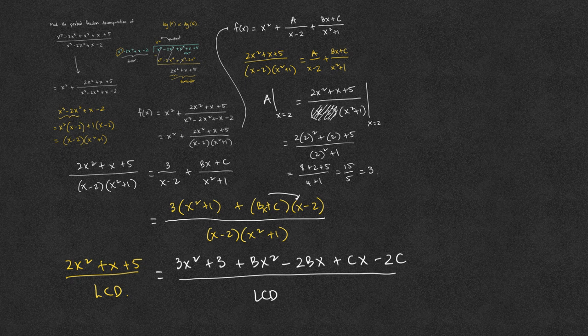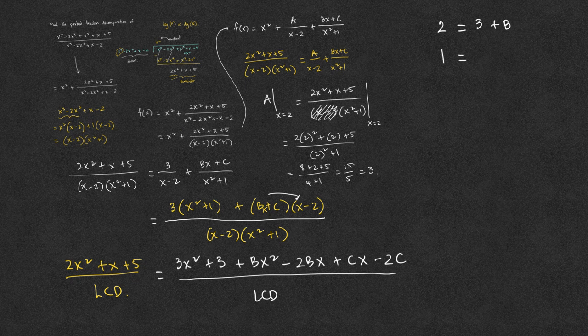We then compare the coefficients on the left and on the right hand side. The coefficient of x squared on the left hand side is 2. On the right hand side, the coefficients in front of x squared are 3 and b, 3x squared plus bx squared. The coefficient of x on the left hand side is 1.